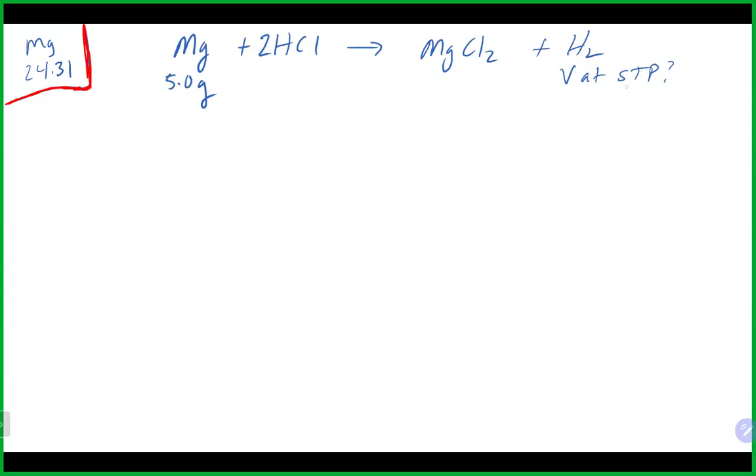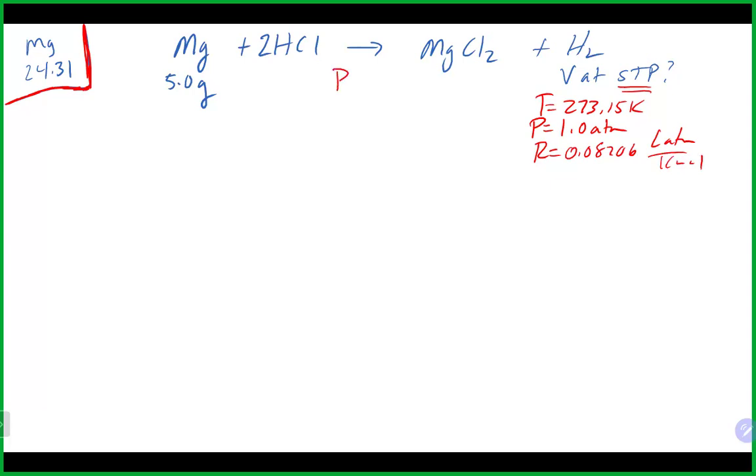Remember that when you are given STP, it basically represents two values. That means the temperature should be 273.15 Kelvin and the pressure should be 1 atmosphere. That means we basically have a P, a V, and a T. Again, we always have R available to us, 0.08206 liters atmosphere per Kelvin mole.